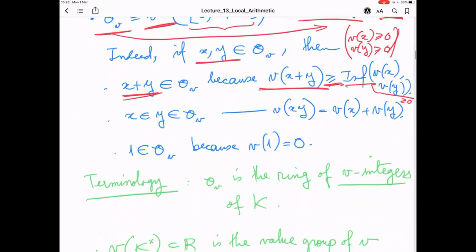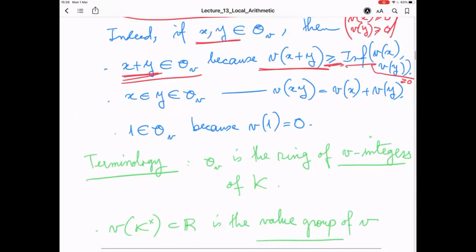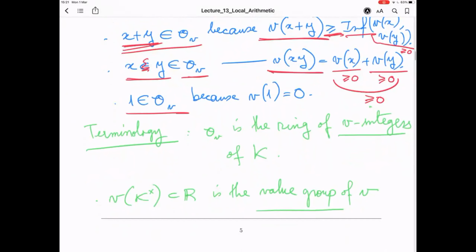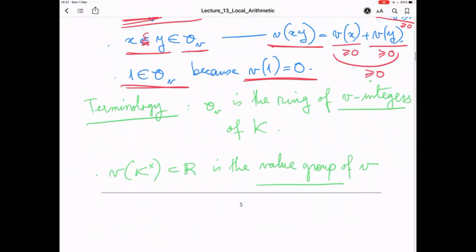So X plus Y is in O_V. Similarly, X times Y is in O_V because here it's even simpler. V of X times Y is V of X plus V of Y. And if both are positive, then the sum is positive. And 1 is, of course, in this subset because V of 1 is 0.